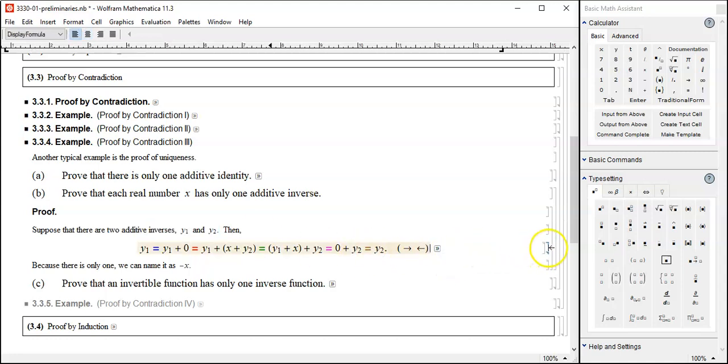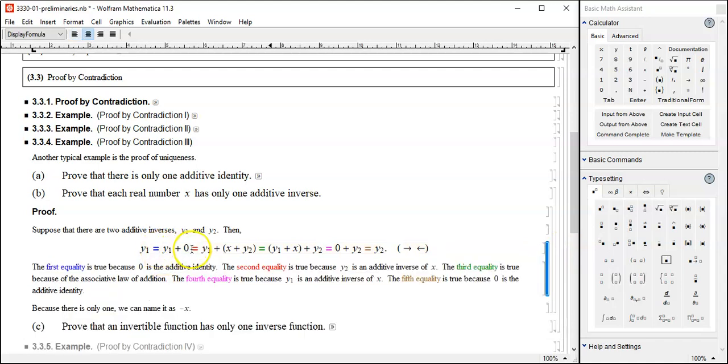Let's follow those one at a time. First, the blue equality. Why is this true? Because 0 is the additive identity. Adding the identity doesn't change anything, so we have this blue equality.